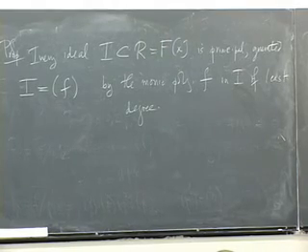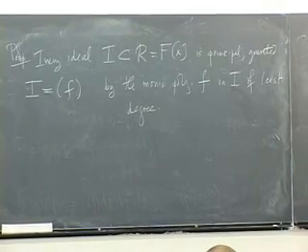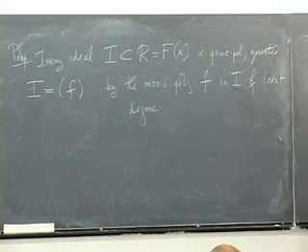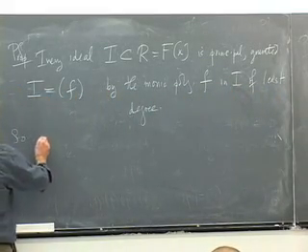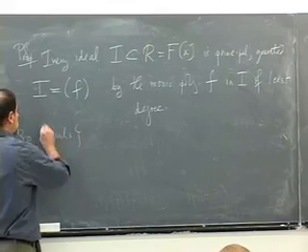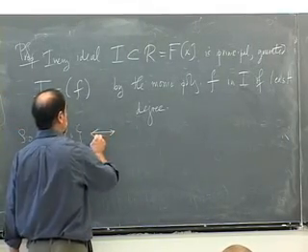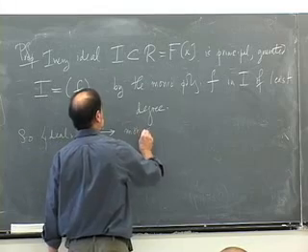And in particular, another thing is that every monic polynomial generates a unique ideal. So the ideals as a set are in one-to-one correspondence with monic polynomials.